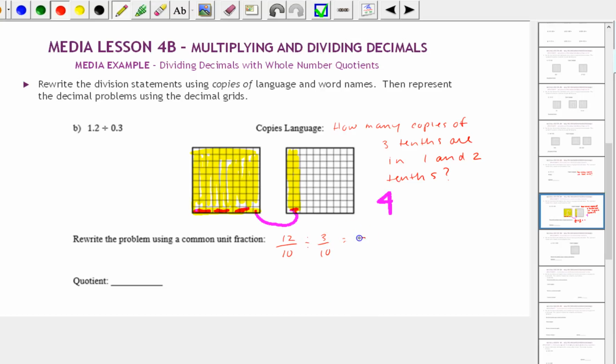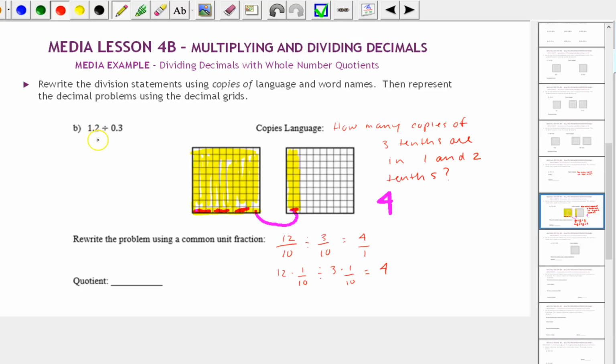So 12 divided by 3 is 4, 10 divided by 10 is 1, or 12 copies of 1/10 divided by 3 copies of 1/10 is 4. So basically when we have this common unit fraction, we can divide the numerators. And again, this is to connect the idea of place value.